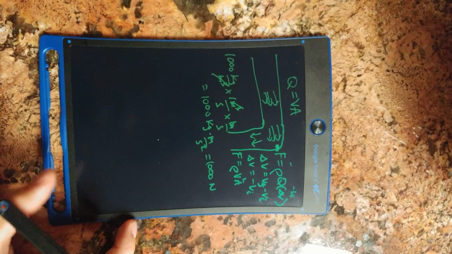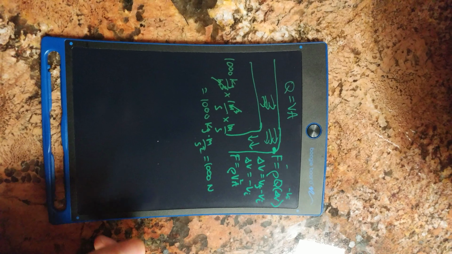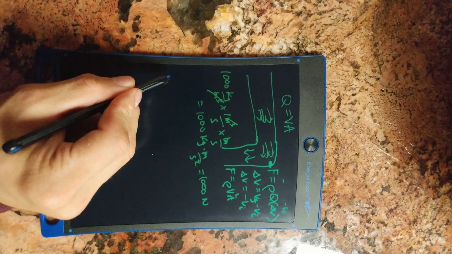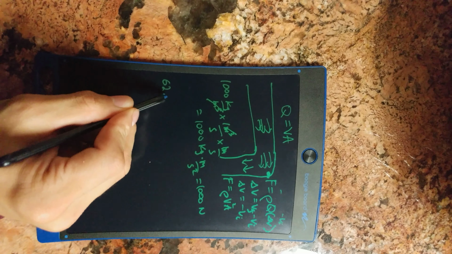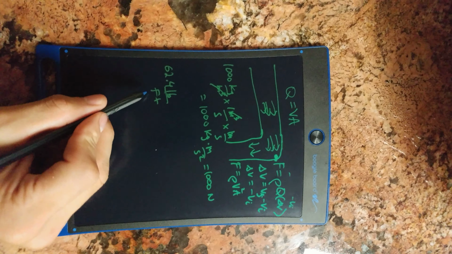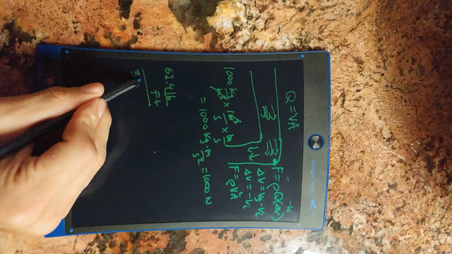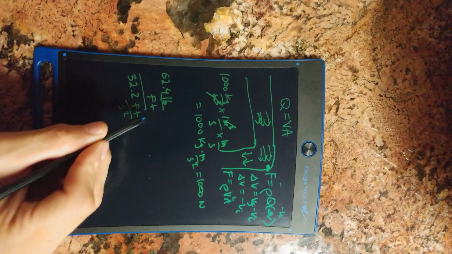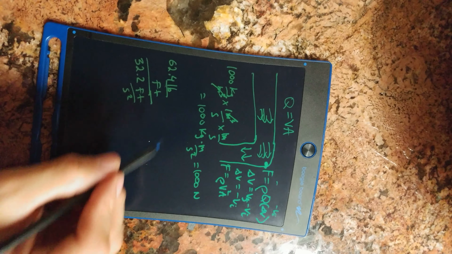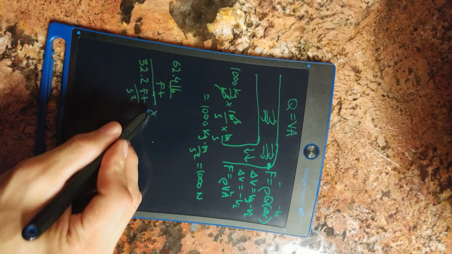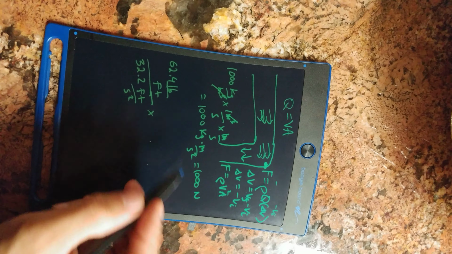And in US units, it's a little bit different because we have gamma of water at 62.4 pounds per cubic foot. So in US units, you have 62.4 pounds per cubic foot. You have to divide that by gravity, 32.2 feet per second squared, to get the density. It's going to be in slugs per cubic foot, times the flow.